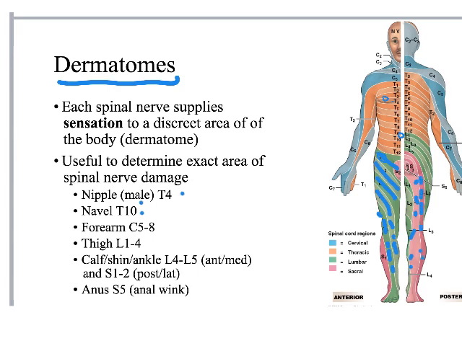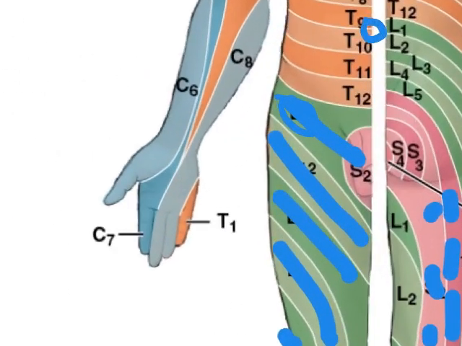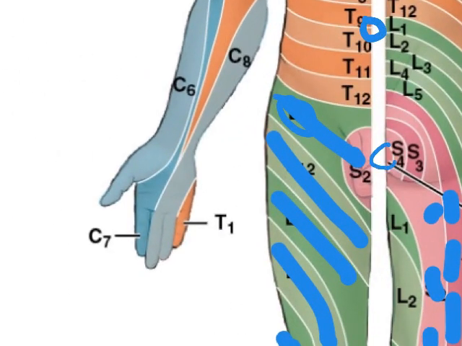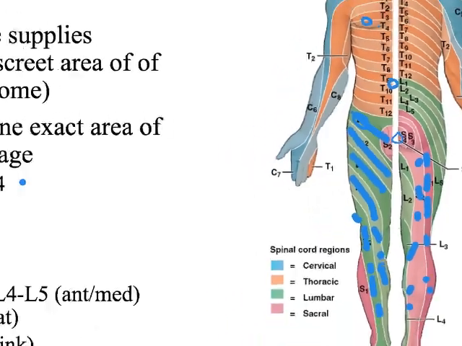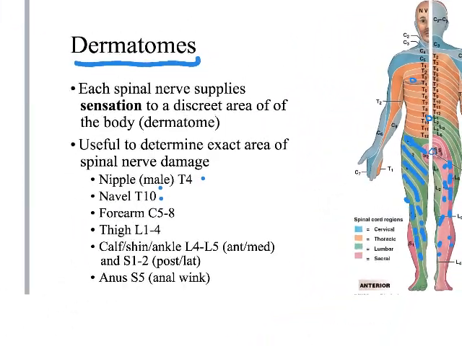And then the anus, which is S5, which is this area right here, that's important because we test for that sometimes if someone has a spinal cord injury or is complaining of numbness or tingling or weakness in the lower extremities, and we want to know how far the damage is. We will take a gloved finger and rub that area near the anus and see if the anal sphincter contracts. It's a reflex, so if you touch that area, the sphincter will contract.